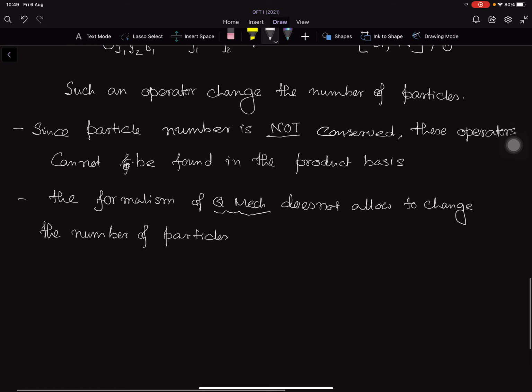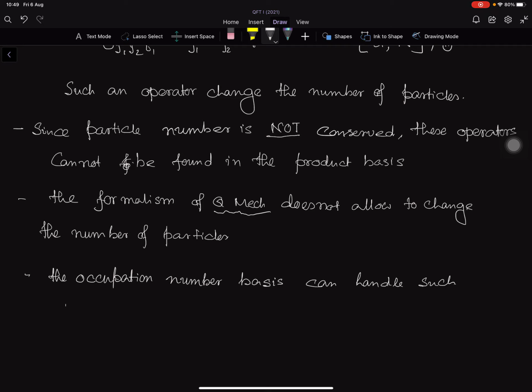Whereas the occupation number basis can handle such operators very easily.